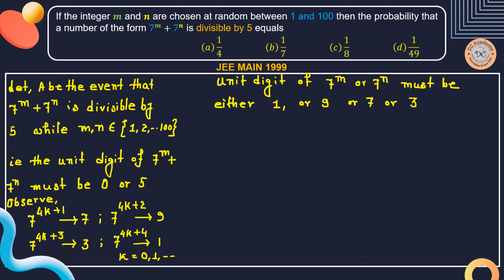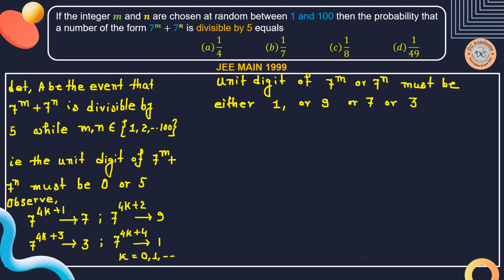For what values? We see that 1 happens for 4k plus 4, 9 happens for 4k plus 2, and so on. Now we need to find out when the unit digit of 7 to the power m plus 7 to the power n will be 0.